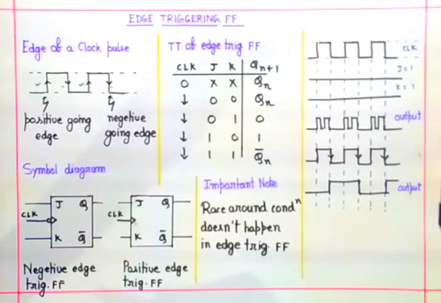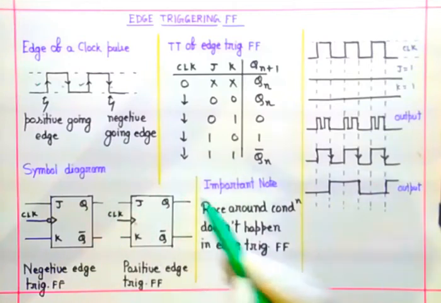You can see that these are two types of symbol diagram. That is for negative edge triggering flip-flop, and that is for positive edge trigger flip-flop. Now in the negative edge trigger flip-flop, there is a bubble in the clock, and in the positive edge trigger flip-flop, there is no bubble in the clock, and the remaining structure is the same.